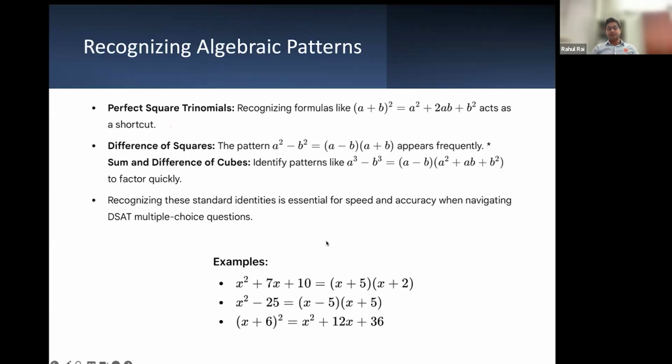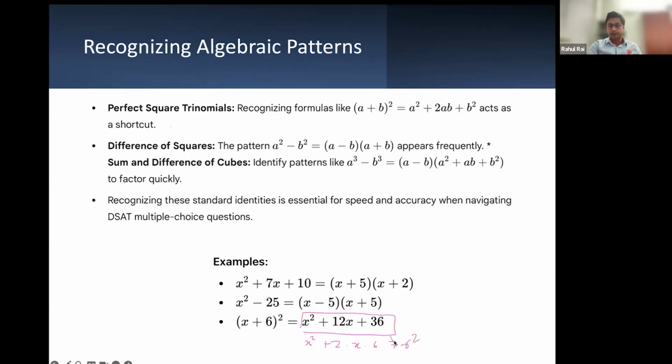Here are some examples of this. Look at this perfect square trinomial, this is the equation that has been used here. If you have this, you can recognize that I can write it as x squared plus 2 times x times 6 plus 6 squared.